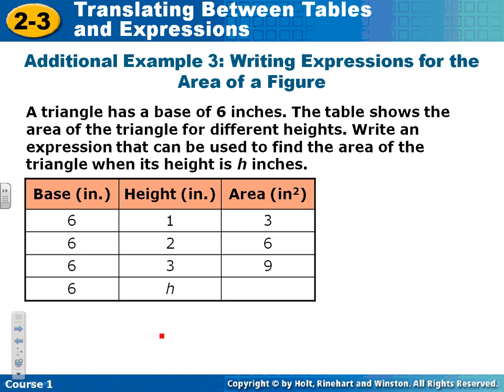So we're taking base, which is 6, times whatever the height is, right? And then we are dividing it by 2.